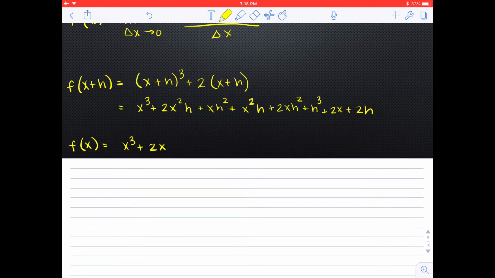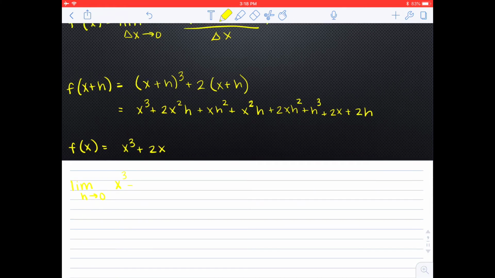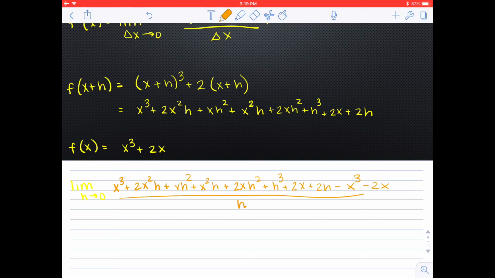So if I go ahead and write that on out, I have the limit as h approaches 0 of my x cubed plus 2x squared h plus xh squared plus x squared h plus 2x h squared plus h cubed plus 2x plus 2h, and then minus my f of x, so that's minus x cubed minus 2x all over an h.